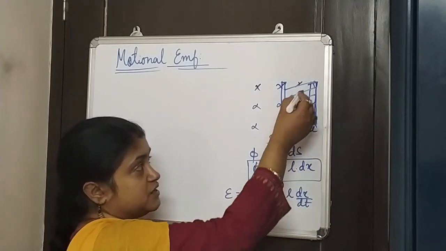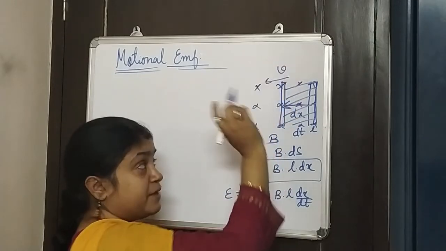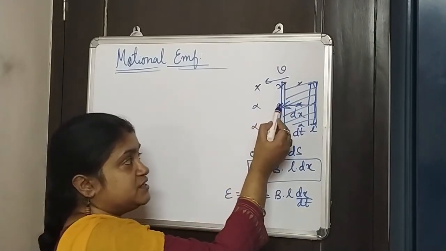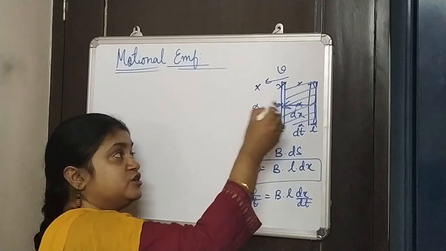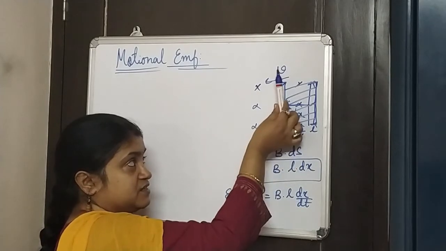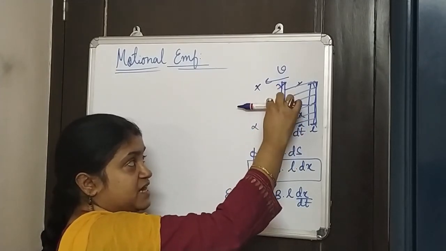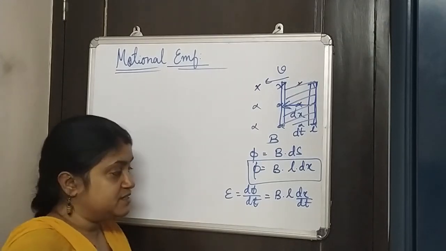Suppose we are moving this rod with a velocity v. Mind you, one more thing: this velocity v is also perpendicular to the magnetic field. So the magnetic field, the rod and its velocity are all mutually perpendicular to each other.